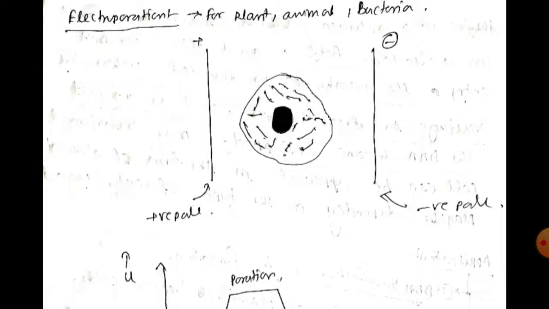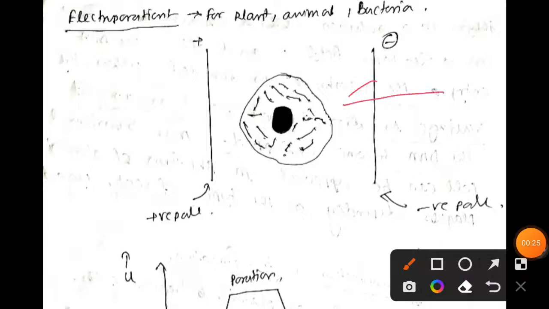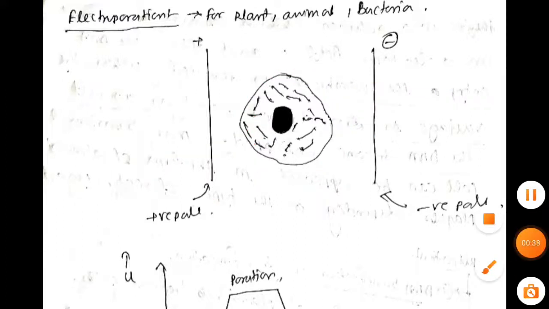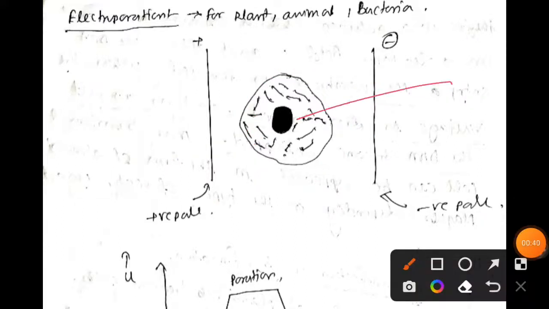So here, in between a positive and a negative pole, there is a conductive suspension solution, and in that solution we have DNA along with our cell. Let me explain the entire situation. The cell is suspended in that conductive solution, and that solution contains DNA.